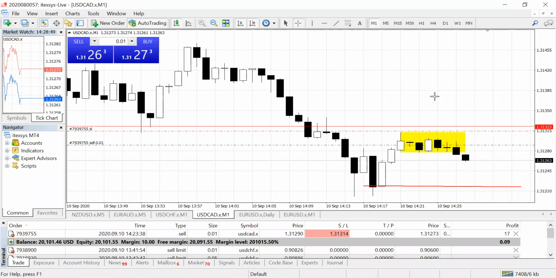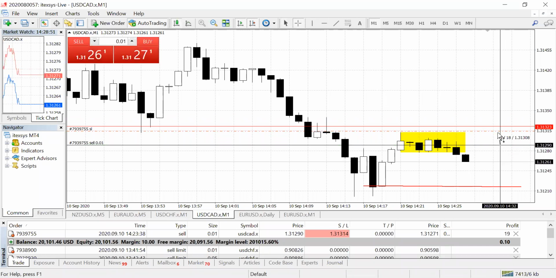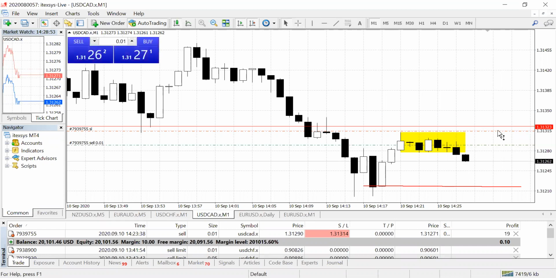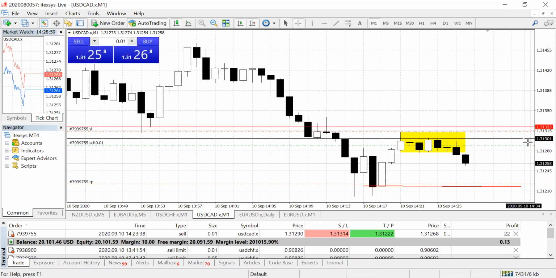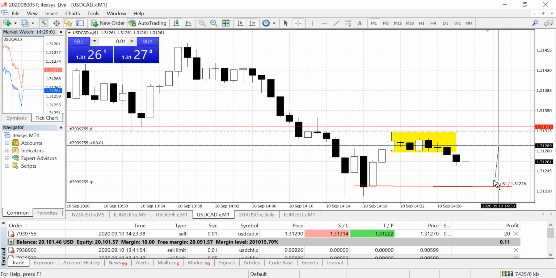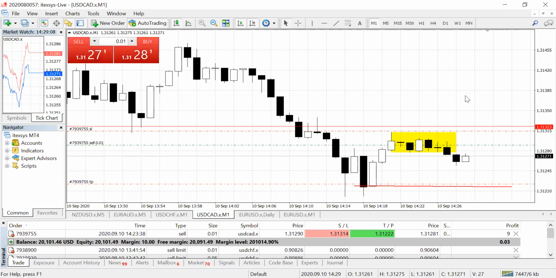So I'm only risking right now 2.5 pips, which is good. My initial target is down here, which is 6 pips. So I have a 3-to-1.